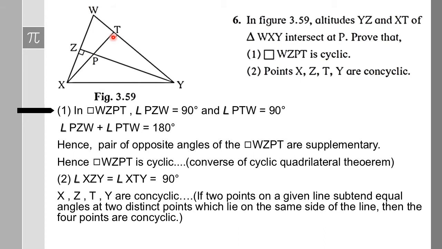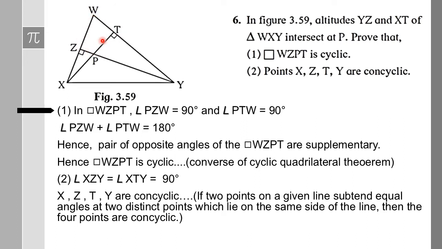Both these altitudes intersect at point P. We need to prove that the quadrilateral WZPT, this small quadrilateral formed in the upper part of the diagram, is a cyclic quadrilateral.